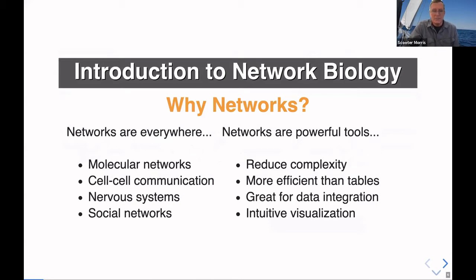The first answer is networks are just everywhere, especially in biology. When you think about it, most of us who went through biochemistry and learned the Krebs cycle, that's a network. So you see molecular networks, you see networks in cell-cell communication, nervous systems are often structured as networks, and even now social networks are in fact networks.